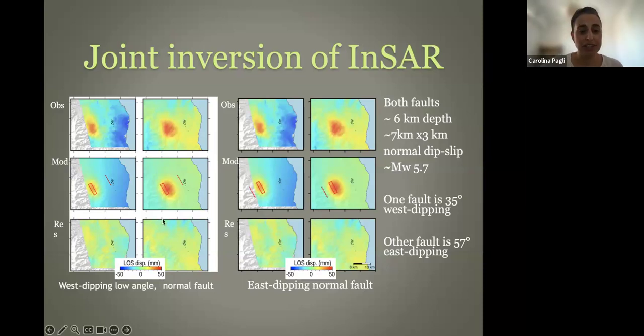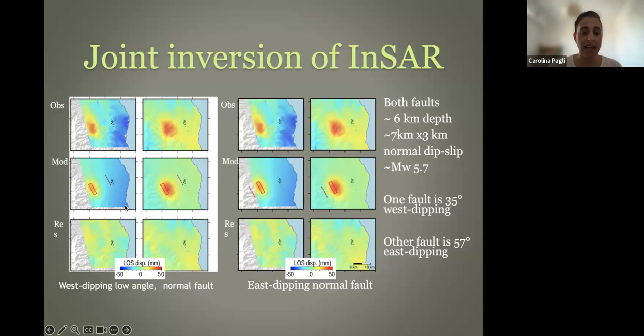Here what you are seeing are the two observations, ascending and descending, and the model in the two viewing geometries, and the residual. The difference between this group and this group is only that in this model, the fault is west dipping.